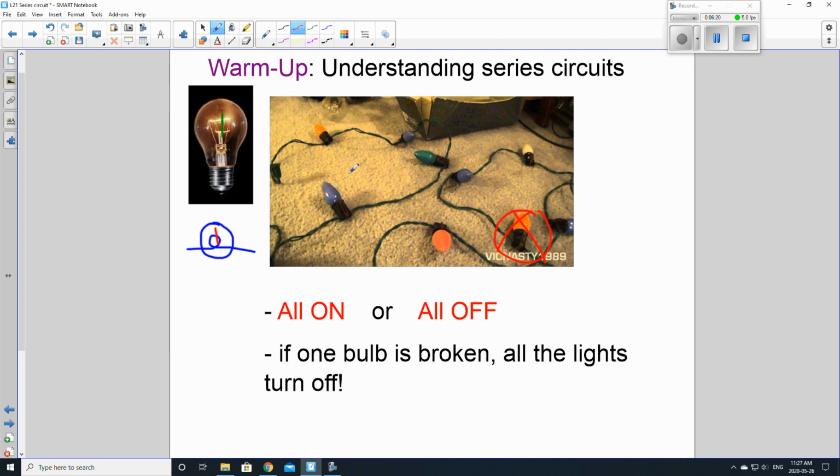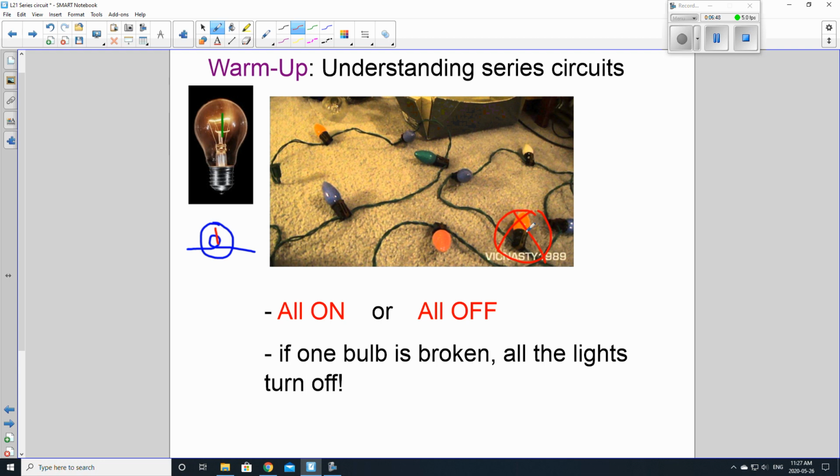Now we know that with an open switch, either all devices are going to turn on or else all devices will turn off. I hope you understand that from when we talked about good circuits versus bad circuits. So can you imagine the problem we might have if we had, for example, 100 light bulbs? When you shake these around, the filaments were so small that we couldn't really hear it very well.